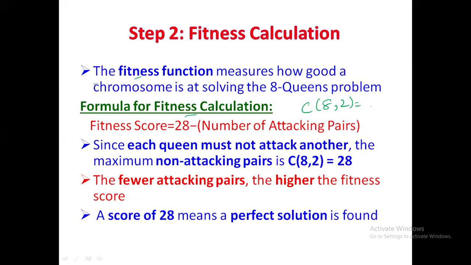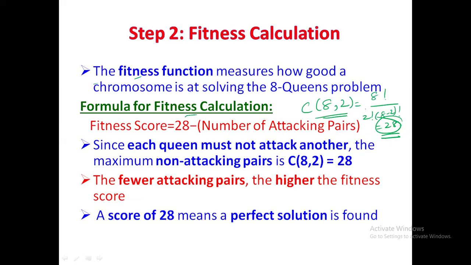This we have written as 8 factorial divided by 2 factorial into 8 minus 2 factorial. We got the value 28, which represents all possible ways to select 2 queens out of 8 without order.